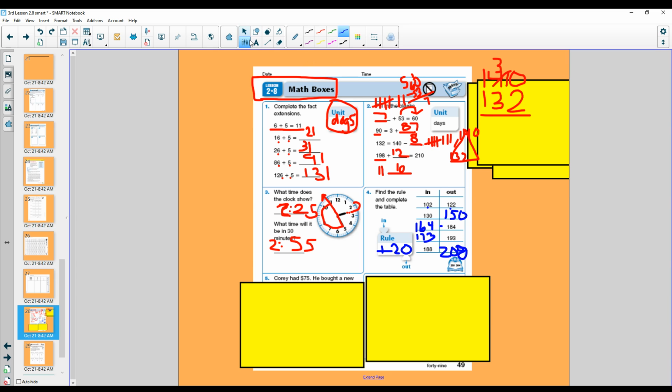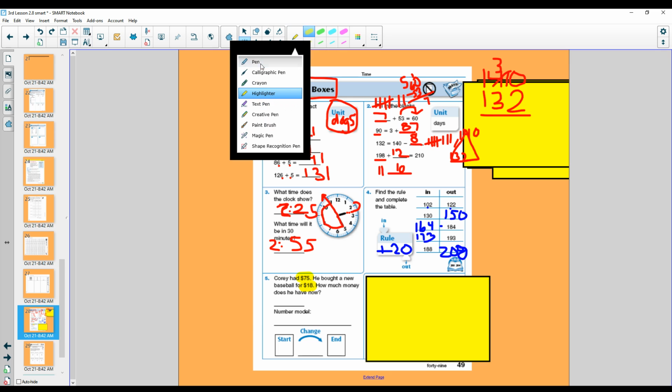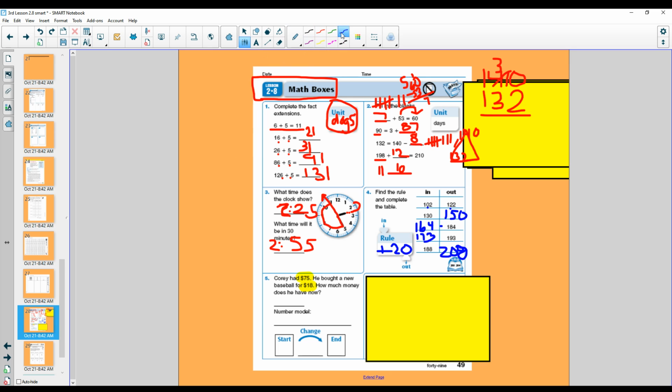All right. I'm going to get my trusty highlighter out here because we have a lot of information to dissect. Corey had $75. He bought a new baseball for $18. How much does he have now? All right, so let's start with how much money Corey had. Corey started with $75.